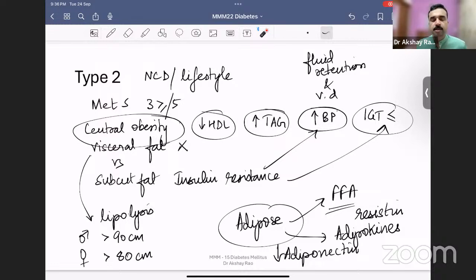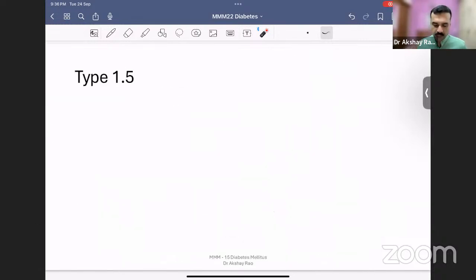Sometimes we get something in between. It's called type 1.5 diabetes. That means it'll be a young person, maybe not very young, so beyond the age of 35 years, who ends up developing insulin dependent diabetes. Okay, maybe I should not use that term. They do require insulin for treatment.